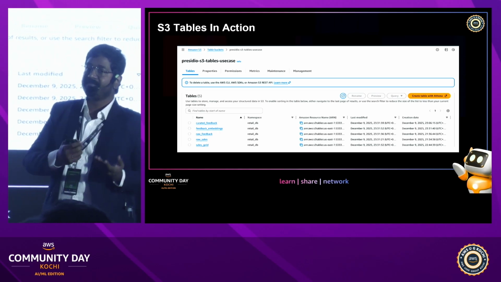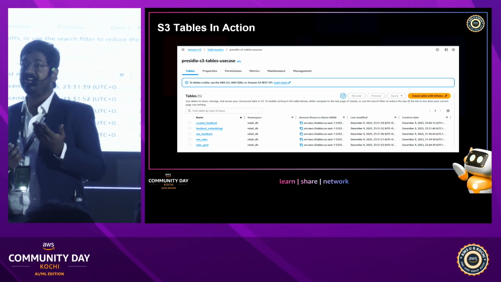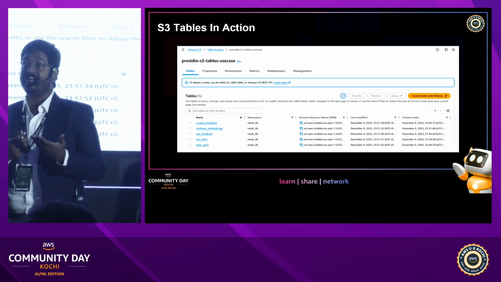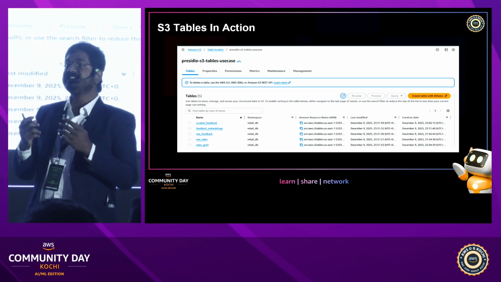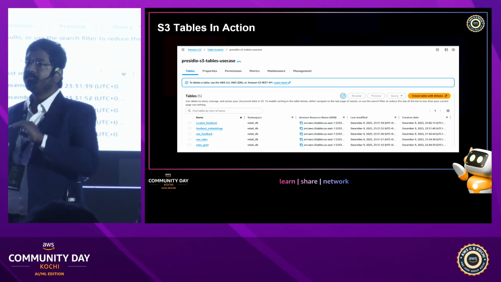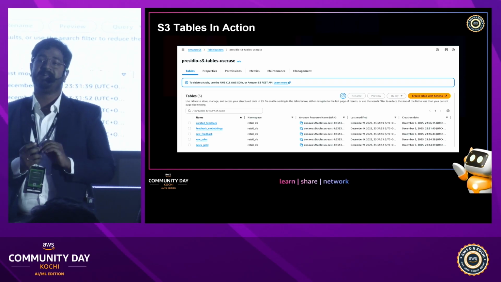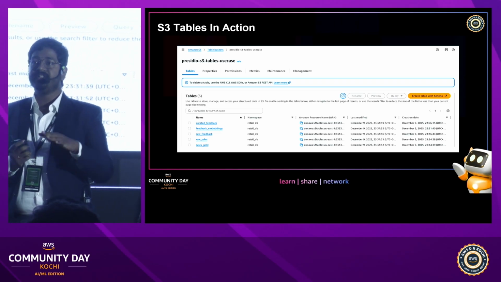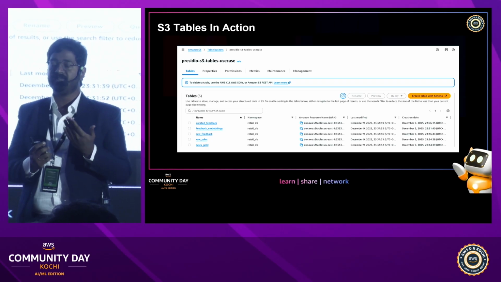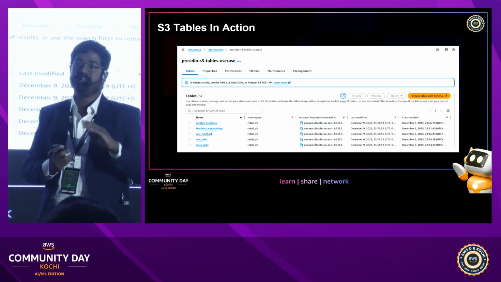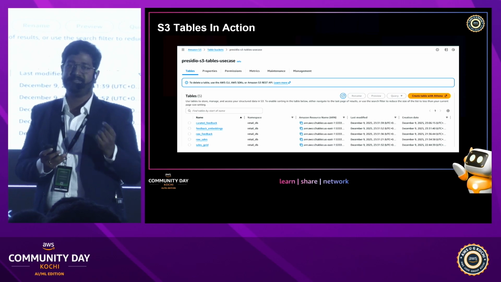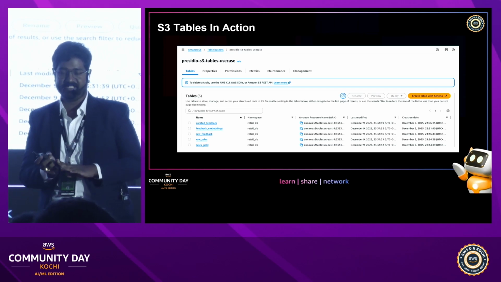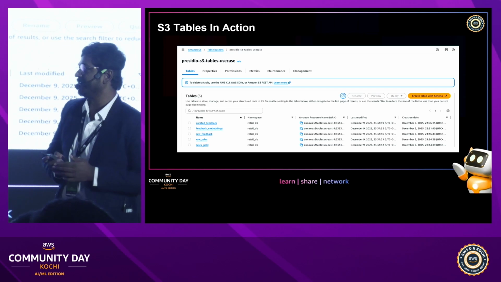There might also be a scenario of accidental deletion of both data and metadata. In the case of S3 Tables, both the data and metadata are managed for us. As it is a managed service, there is no infra. We don't have to provide any infrastructure-related configuration, and AWS takes care of it behind the scenes.